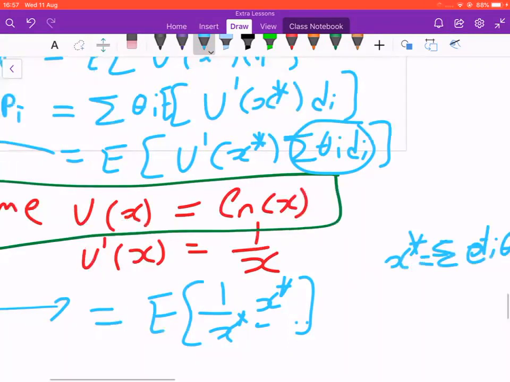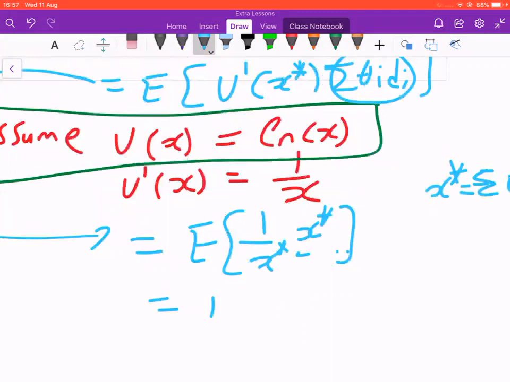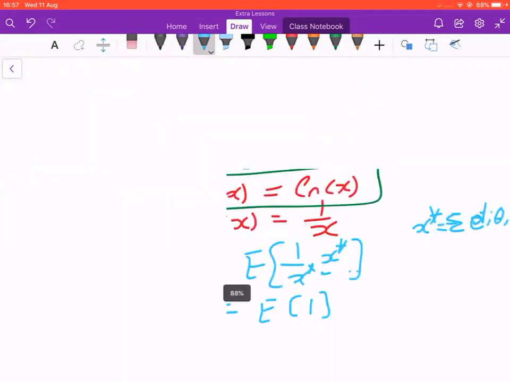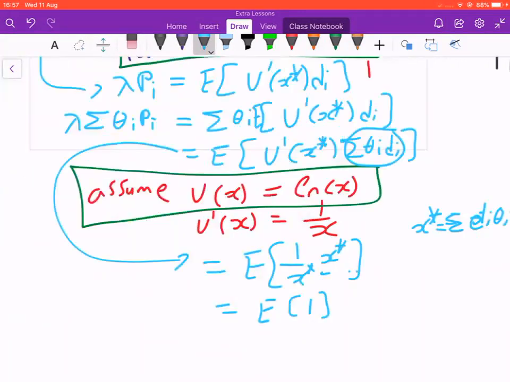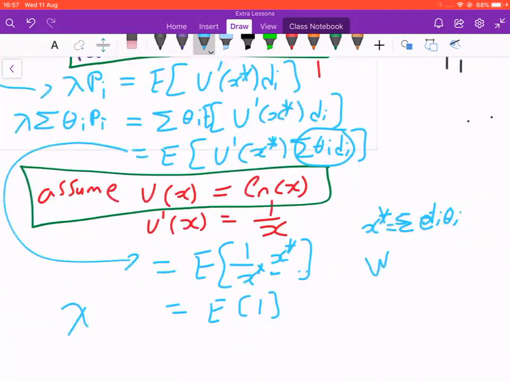So basically this thing is going to be the expectation of 1, right? The other definition is that wealth is equal to the sum of the prices times the amount of the security.